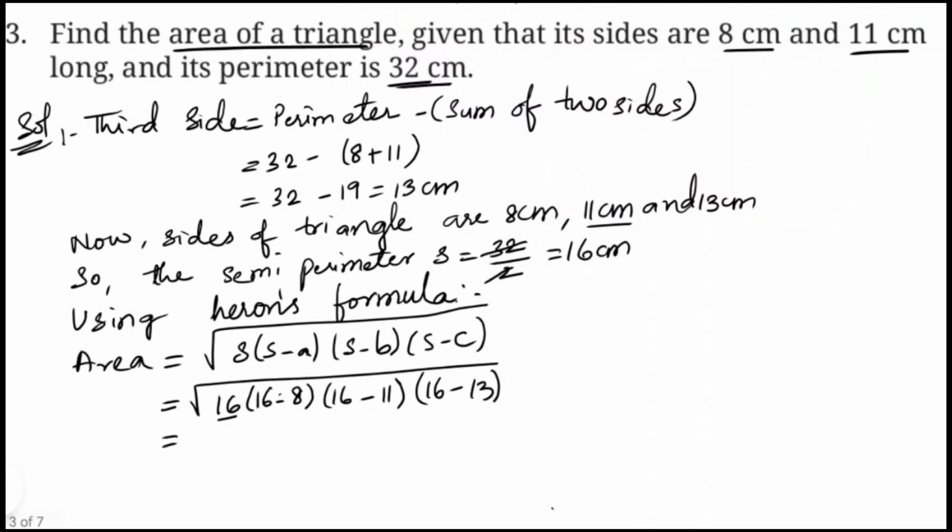We know that the square root of 16 is 4. Okay. So if you want, you can write that, and for the remaining one you can write 16 minus 8 is 8 into 16 minus 11 is 5 into 16 minus 13 is 3.